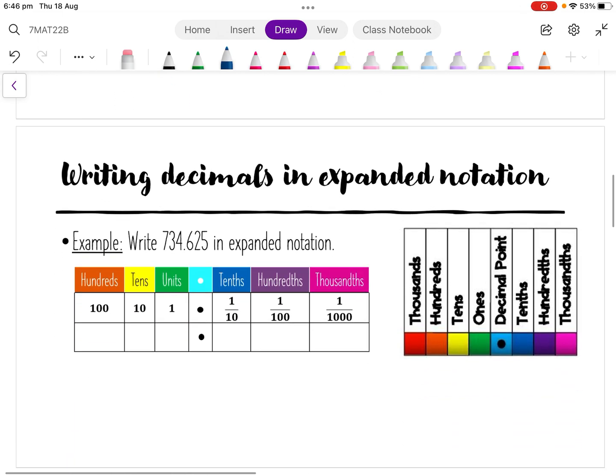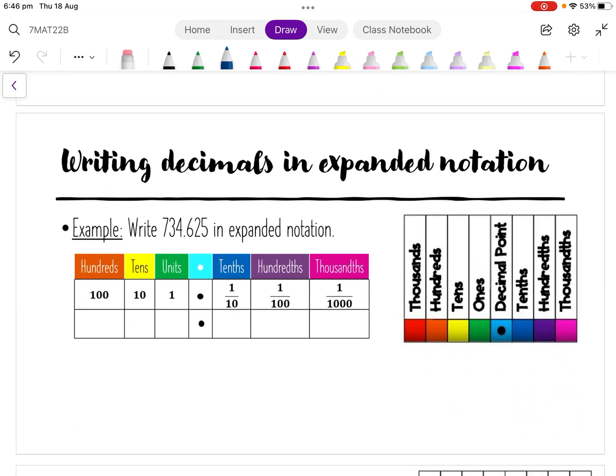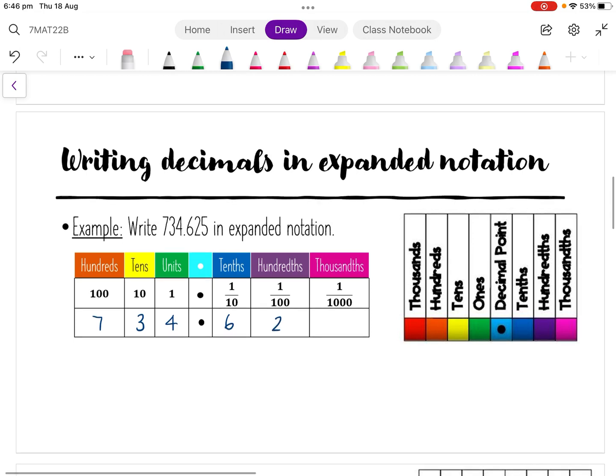What we're going to do now is look at writing decimals in expanded form. So if we were to write 734.625 in expanded notation, what we have is 7 hundreds, 3 tens, 4 units, 6 tenths, 2 hundredths, and 5 thousandths.